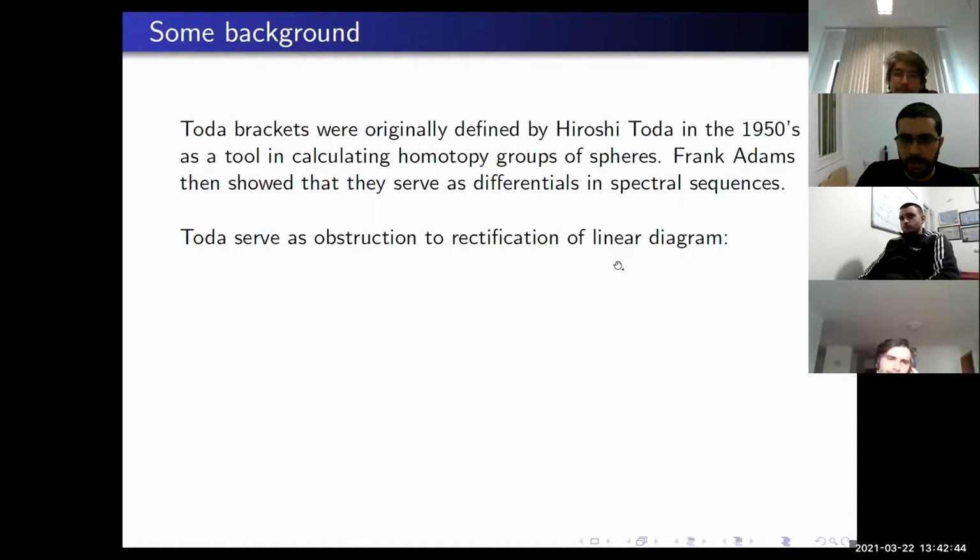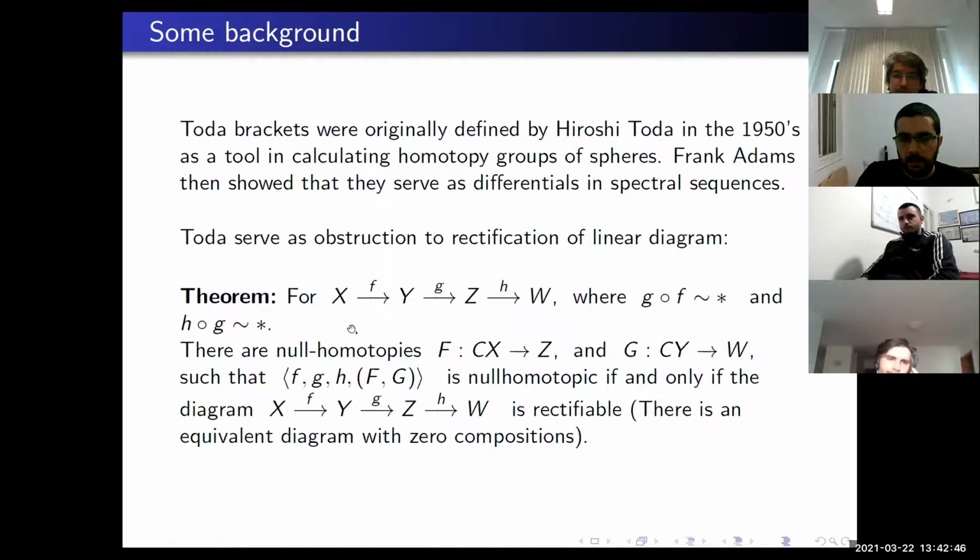What I mean by this: suppose we have the following linear diagram, in the case of Toda, where this composition is null homotopic and this composition is null homotopic. And if we have a null homotopic Toda bracket for some choices of null homotopies F and G, we can rectify this linear diagram.